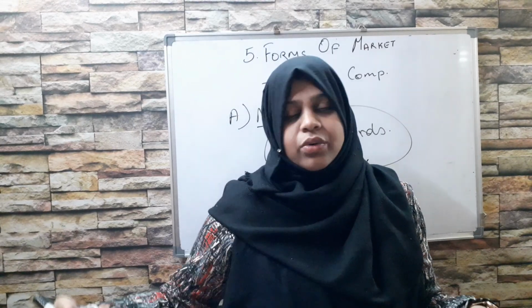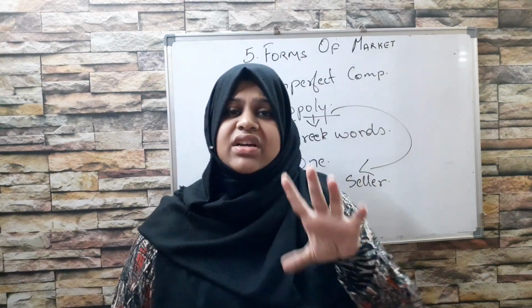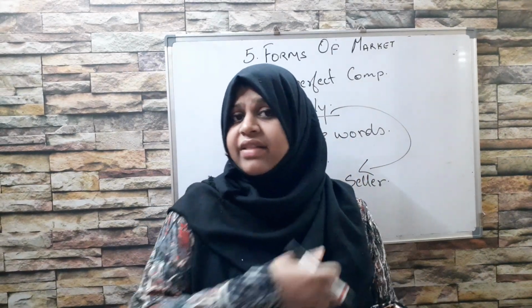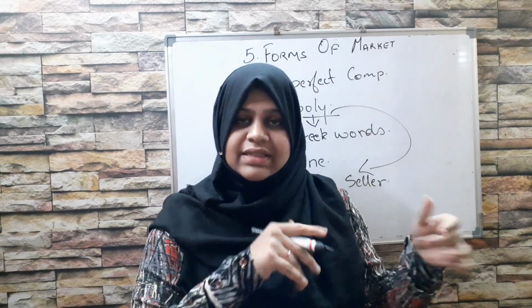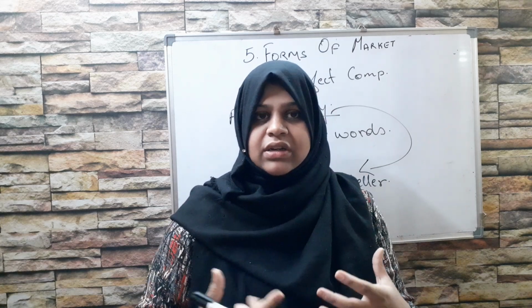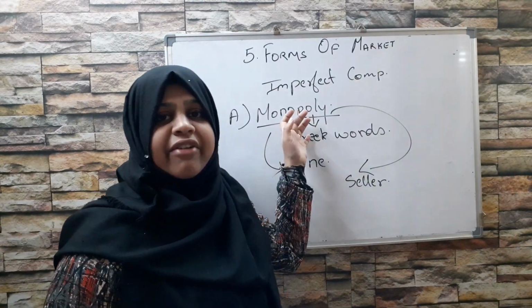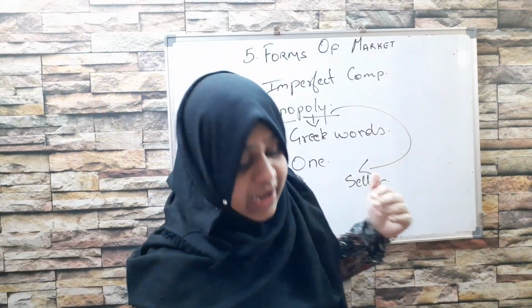So monopoly is that type of market where there is a single seller and there are many buyers. This single seller is known as a monopolist. So he is having the control over the entire market.